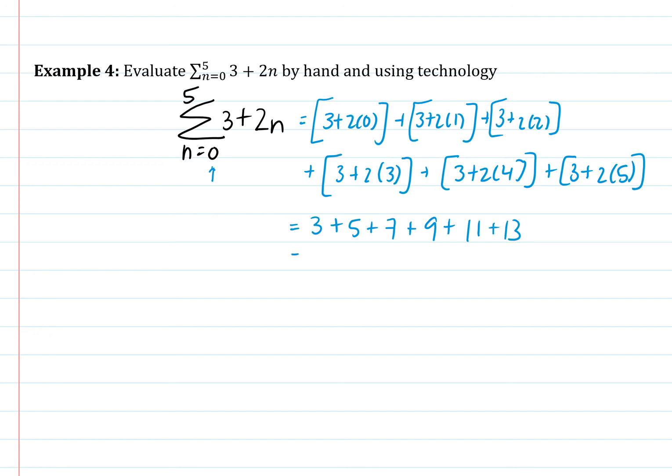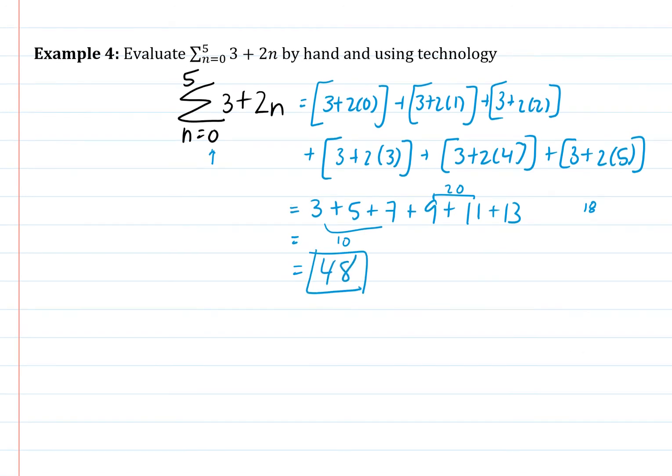And you'll get 3 plus, let's see, this would be 10, this would be 20, plus 18, so 38, 48. Okay, and lucky for you, we can check it using technology. Go ahead and grab your calculator, type this thing in, and you should get the same answer.